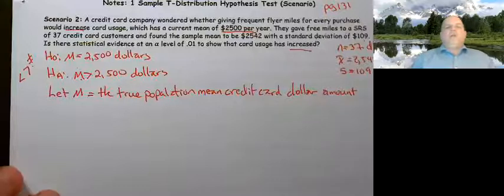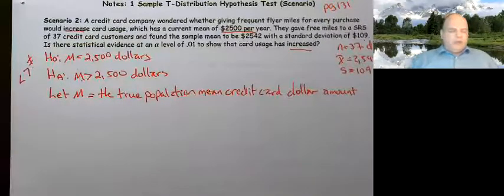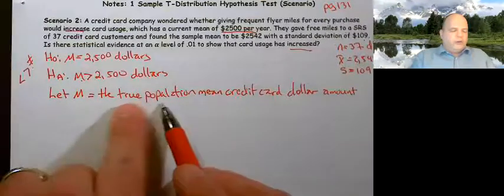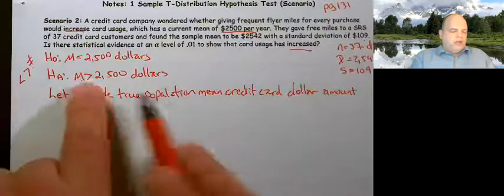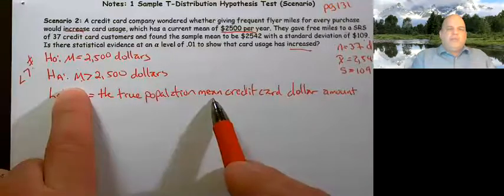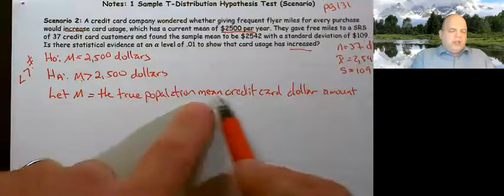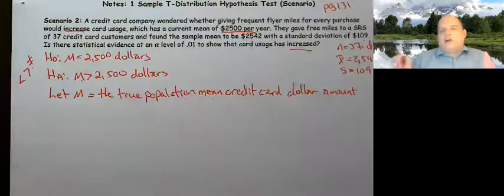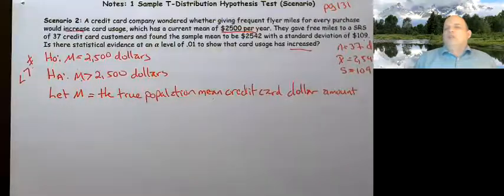You might be able to shorten that up depending on your phrase, but please make sure you're always using the true population. And since we're dealing with the mean, you need to make sure you have mean. The true population mean credit card dollar amount, I think, is probably about as short as you can get it.